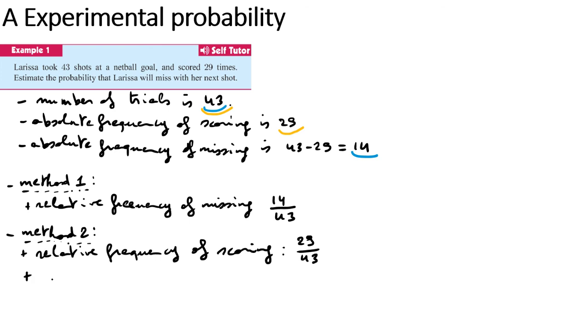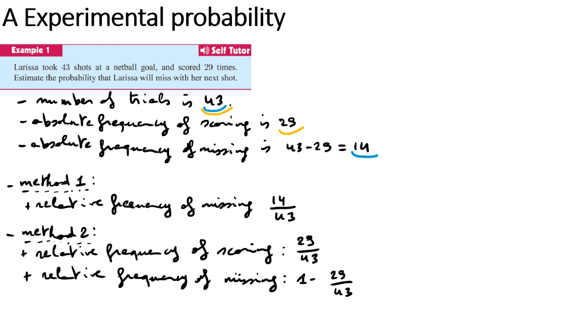And to find the relative frequency of missing, we can do 1 minus 29 over 43, because we've seen that the sum of the relative frequencies must be equal to 100% or 1.